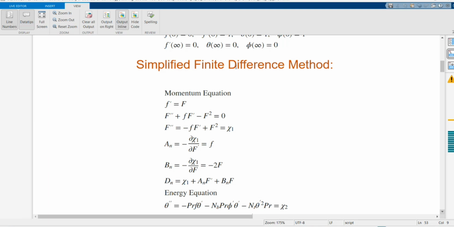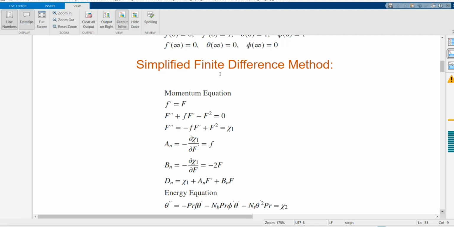So you have to follow this series if you want to apply the simplified finite difference method to your problem. My MS students are working on this method as well. They are also taking different problems, and we are applying this method to those fluid models.